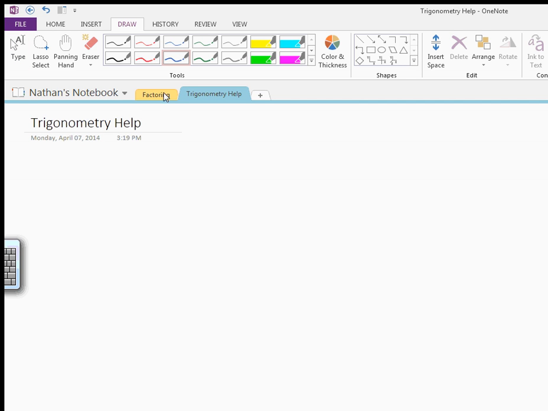Okay, so we're going to do some right angle trigonometry. A couple of notes I'd like to make are for the sine, cosine, and tangent. Each of these has differing ratios.